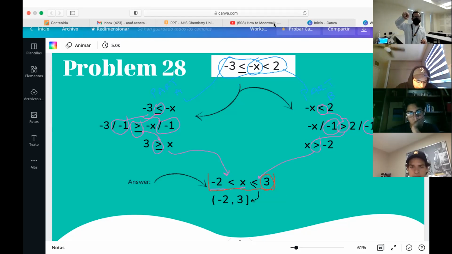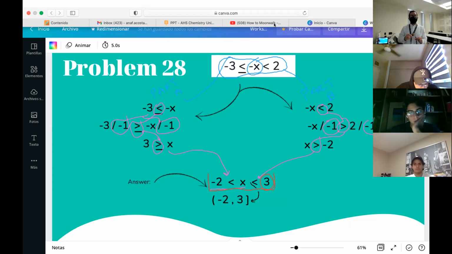That means that there, the number 3 is part of the solution. It's included, right? On the other hand, the -2 is not included as a part of the solution. Anything that's greater than -2, so -1.9, is valid, but the -2 is not. Is that part clear, Arturo?